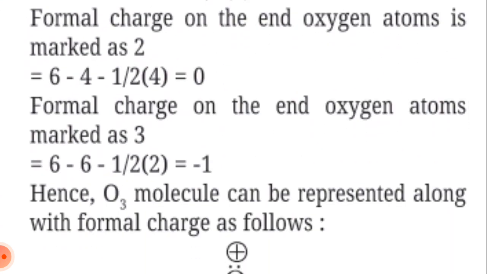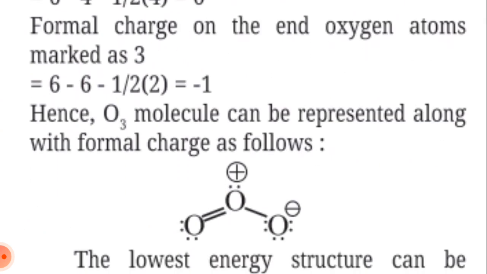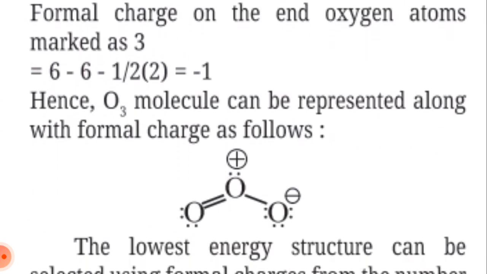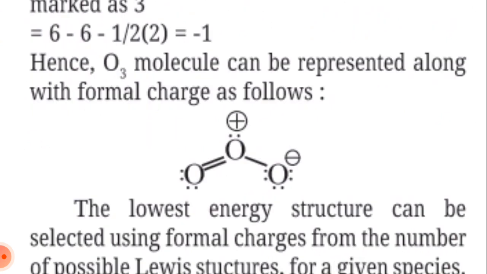Formal charge on the end oxygen atom marked as 2 is equal to 6 minus 4 minus 1 by 2 multiplied by 4, which is equal to 0. Formal charge on the end oxygen atom marked as 3 is equal to 6 minus 6 minus 1 by 2 multiplied by 2, which is equal to minus 1.